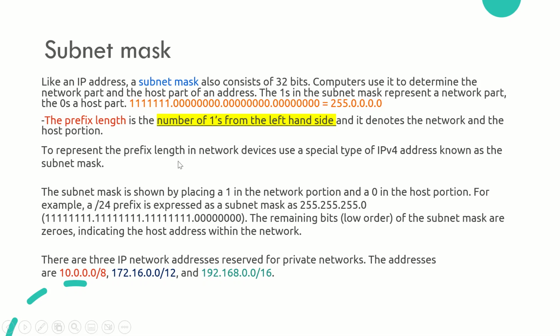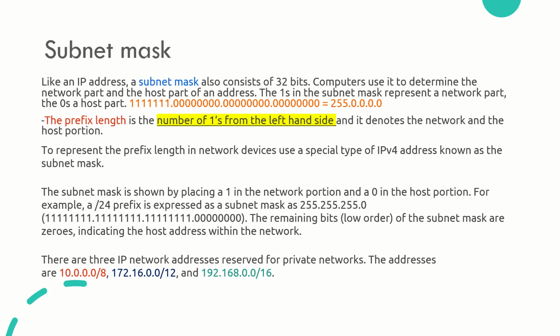In a subnet mask we also use the prefix length, which is the number of ones from the left-hand side, and it denotes the network and the host portion.